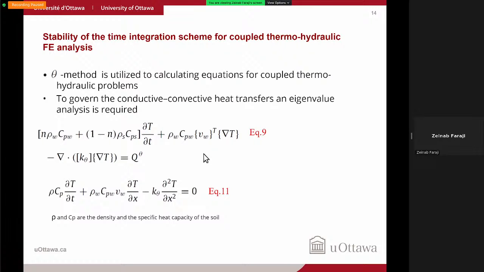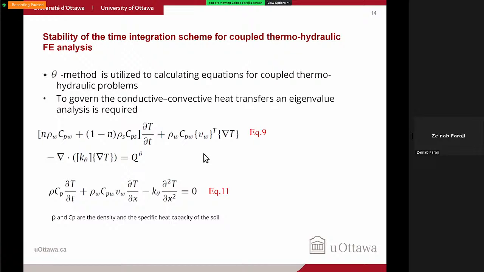For a 1D soil bar in the X direction, without a heat source and with just the temperature difference, we can summarize equation number 9, which was the equation of heat transfer, as equation number 11, due to the assumptions that I mentioned.